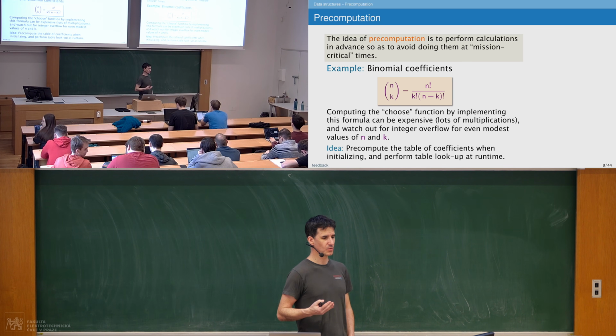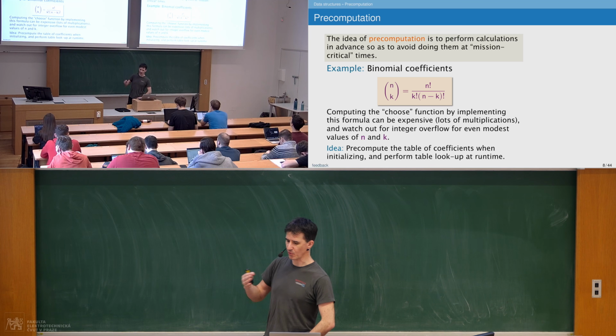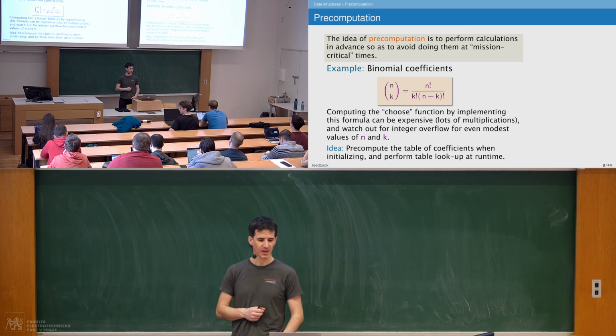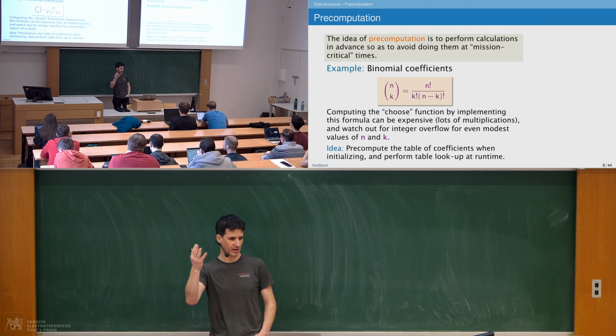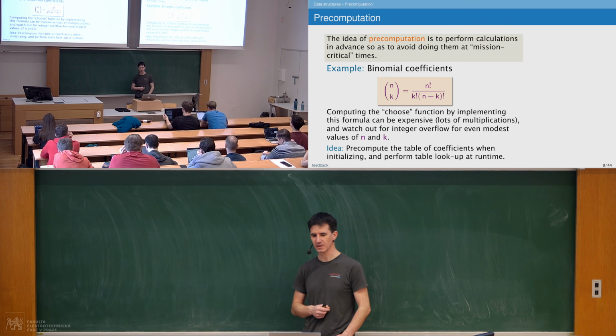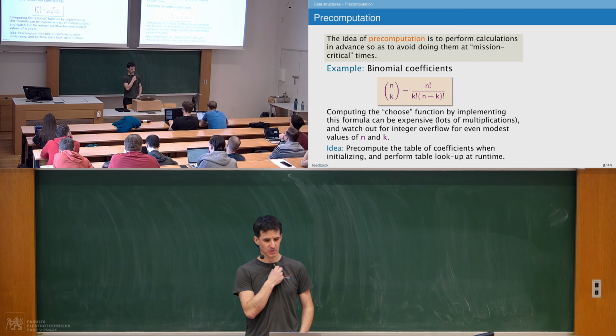So what you can do, if you somehow know beforehand, ahead of time, what needs to be calculated or what will need to be calculated later, you can pre-compute it at compile time or at the beginning of runtime, depends on how you decide to do it, and then use just the pre-computed values.